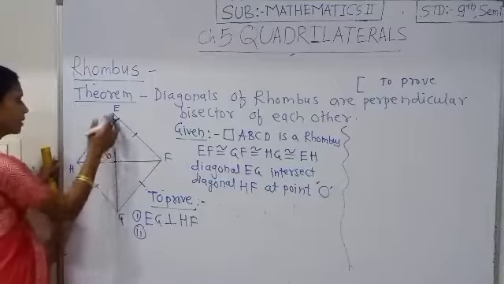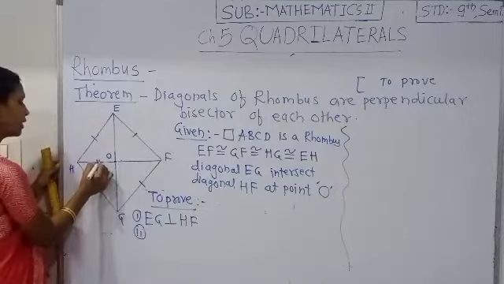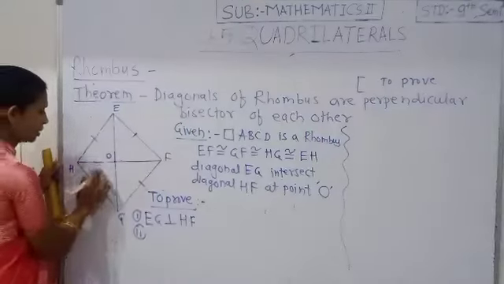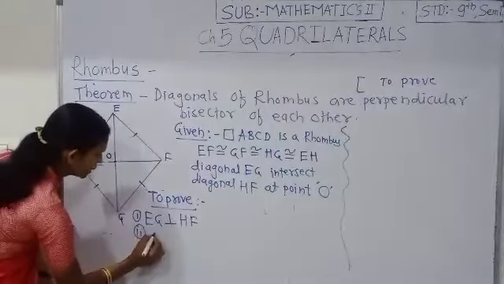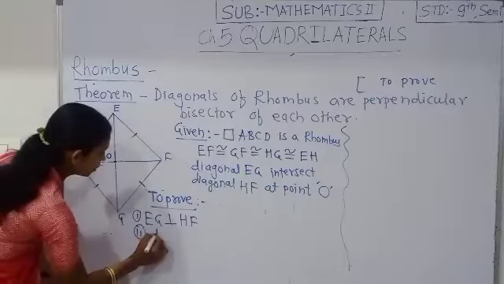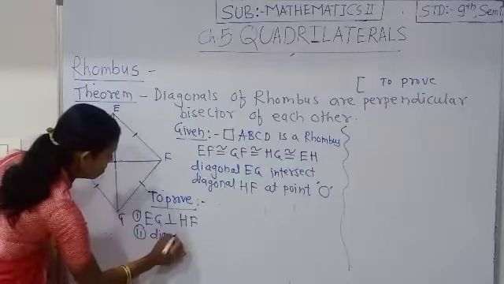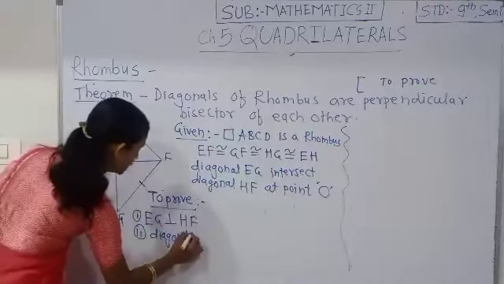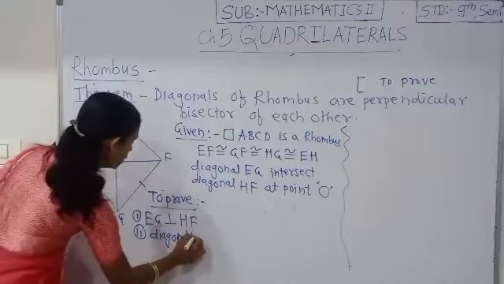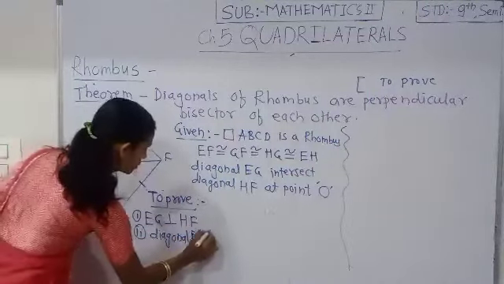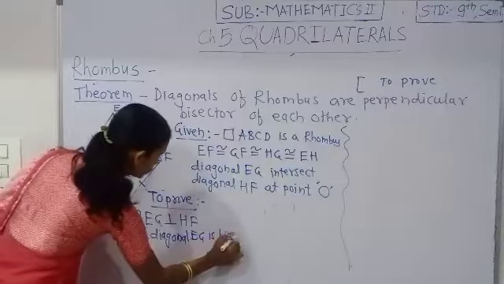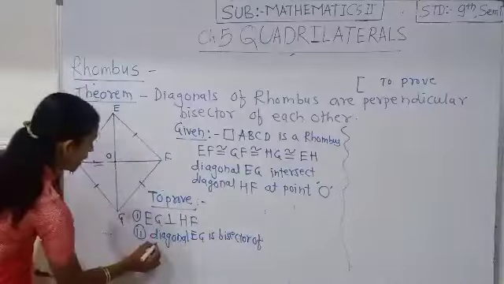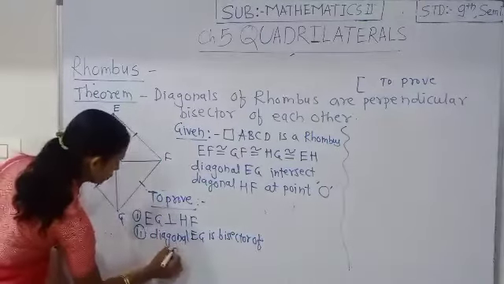That means we have to prove that OH is congruent to OF; that is, diagonal EG is a bisector of diagonal HF.